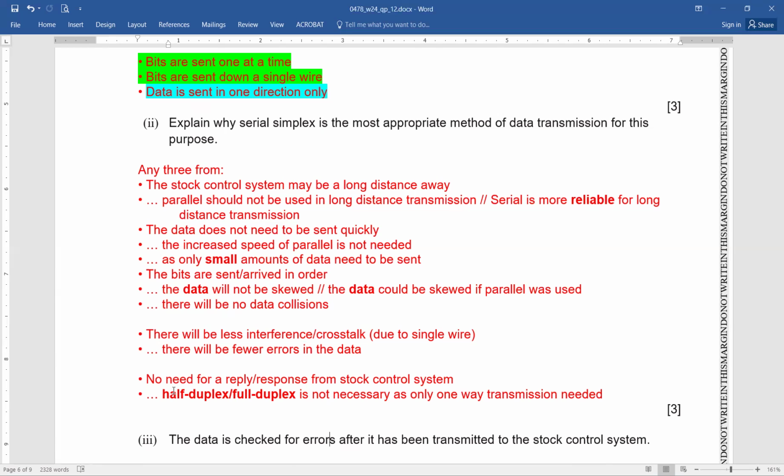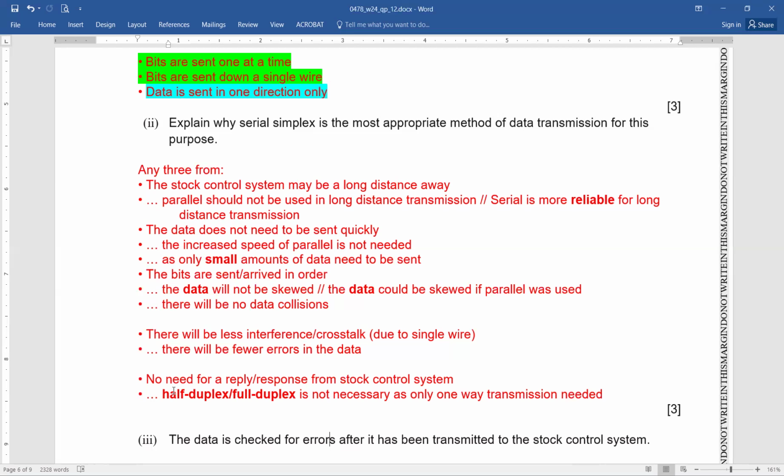As is mentioned here, the data does not need to be sent quickly. The increased speed of parallel is not needed, as only a small amount of data needs to be sent. So it can be this reason also; just for the purpose of elaborating your answer, you can mention speed is not my major concern. I can send the data in serial, because it might be a small amount of data that needs to be sent, or I want the bits to be sent in order.